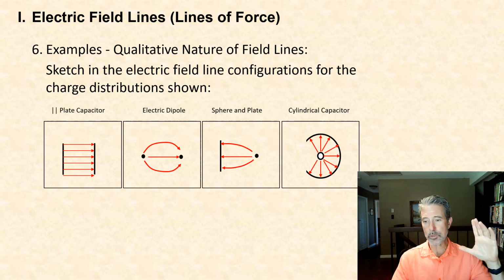And as we say, you couldn't tell from the simulation, but we always draw electric field lines leaving the positively charged object and entering the negatively charged object.